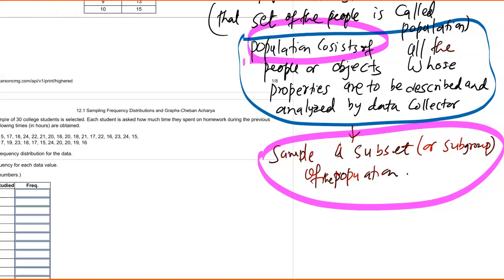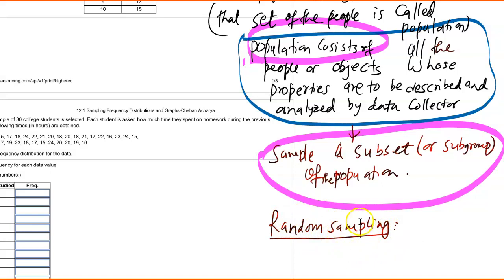And another term here is random sampling. What is random sampling? We draw the sample from the population, but the sample must be drawn in a random way. That's called random sampling.